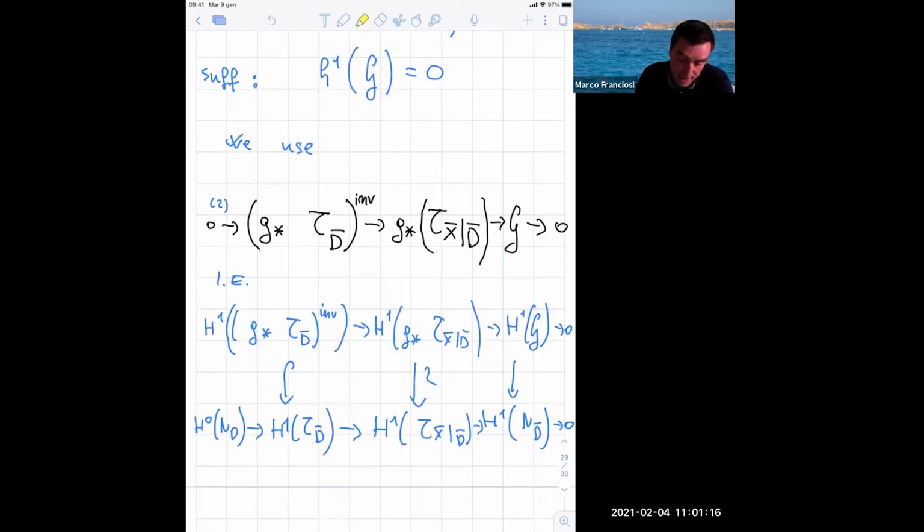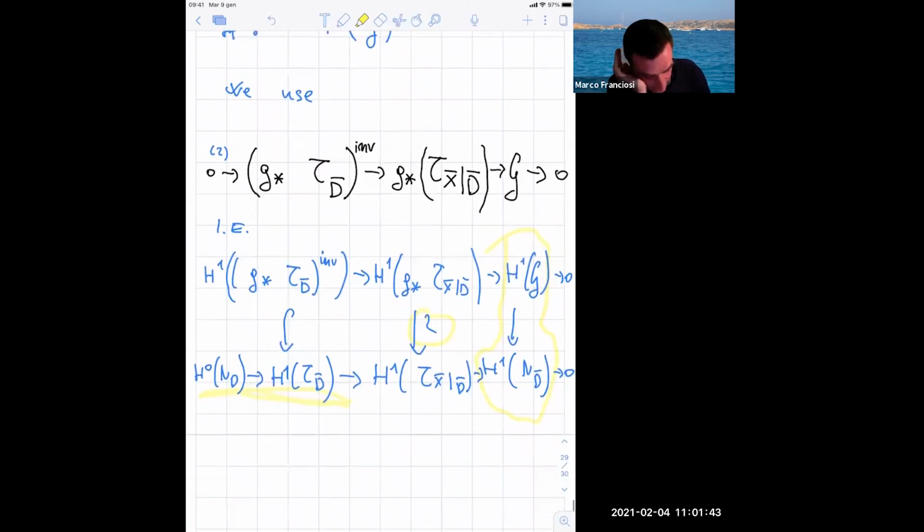We have H1 of G is isomorphic to the normal bundle of D bar in X bar. So it's enough to consider this exact sequence. And the tricky part is to show that we have 0 here. So this is the main ingredient.